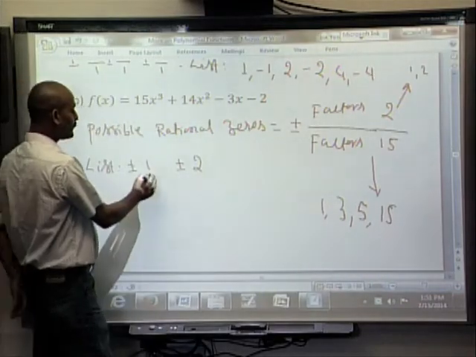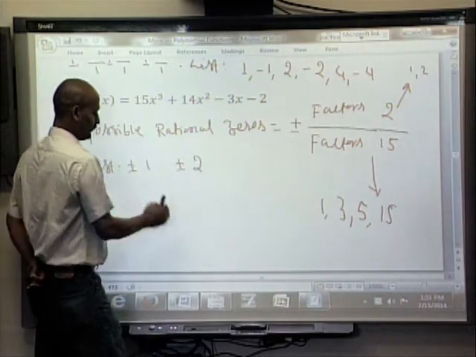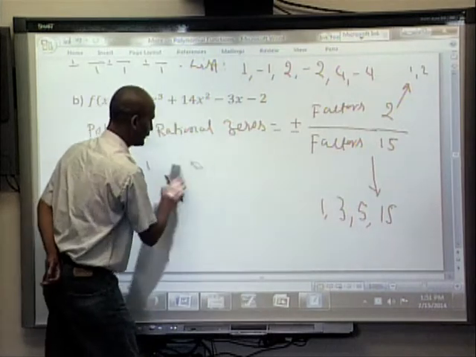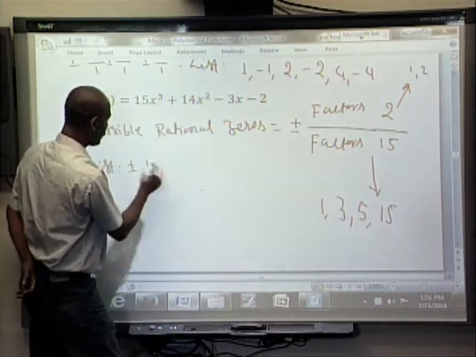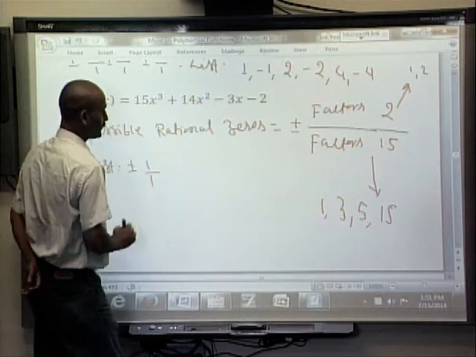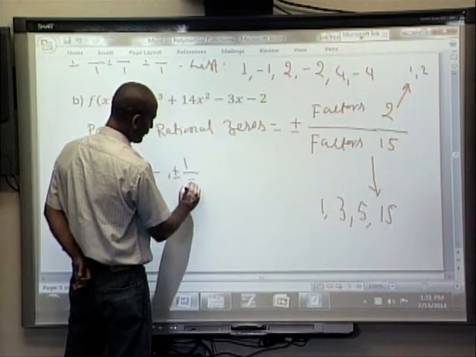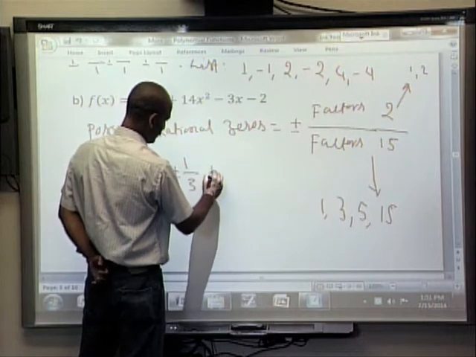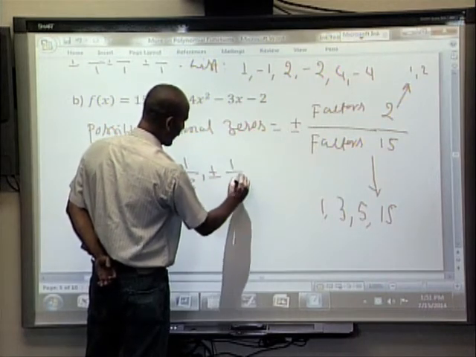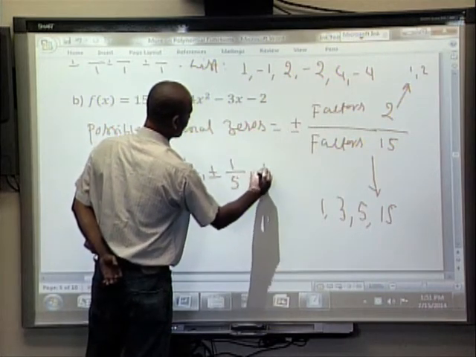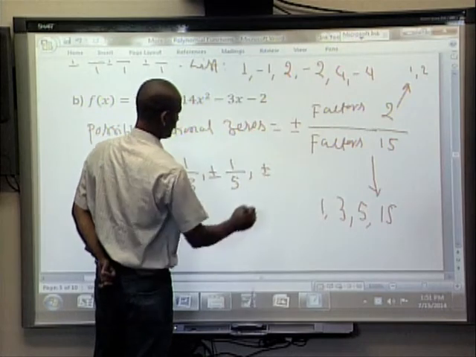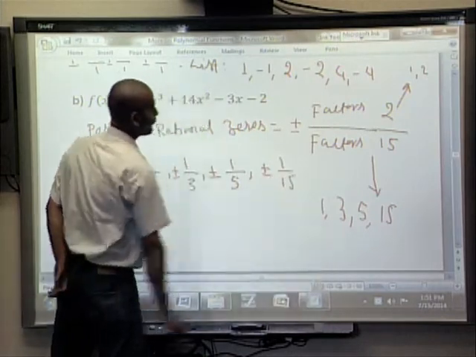So, what we need to have is, well, let me modify this list a little bit. So, plus minus 1 divided by the first factor, still plus minus 1 divided by the second factor, again plus minus 1 divided by the third factor, again plus minus 1 divided by the fourth factor.